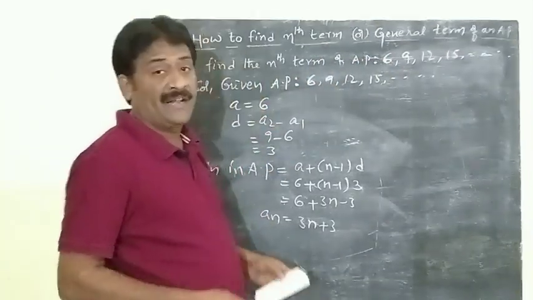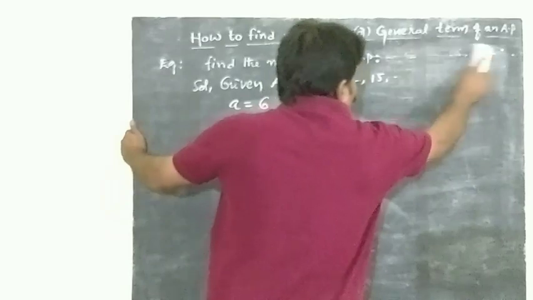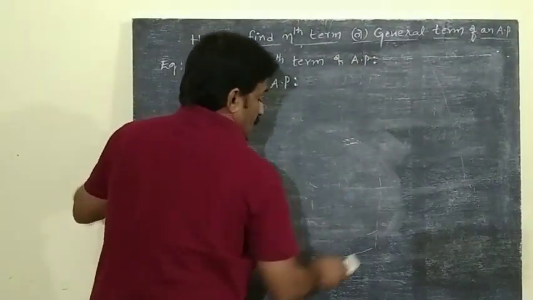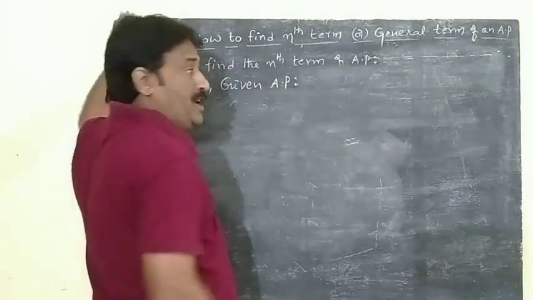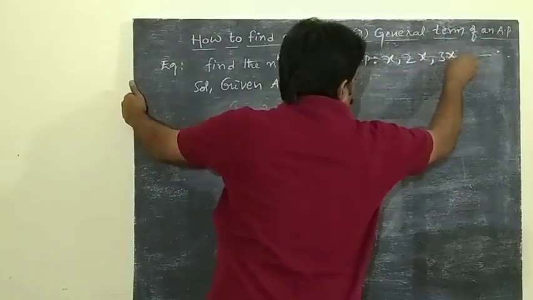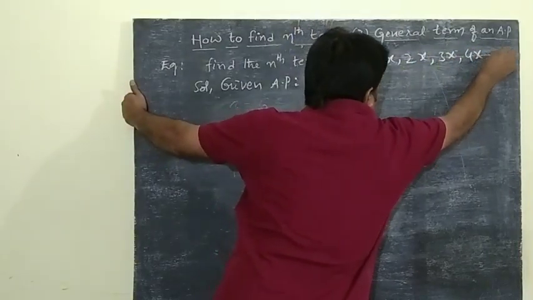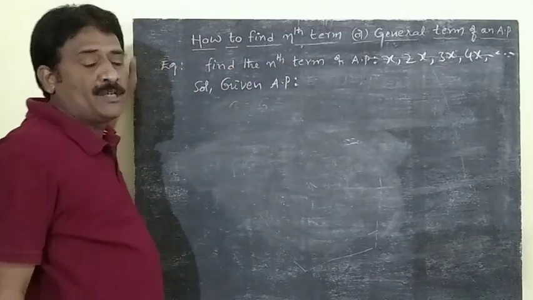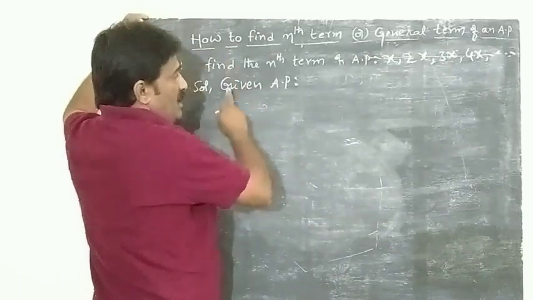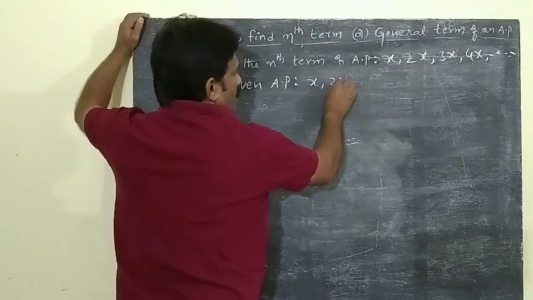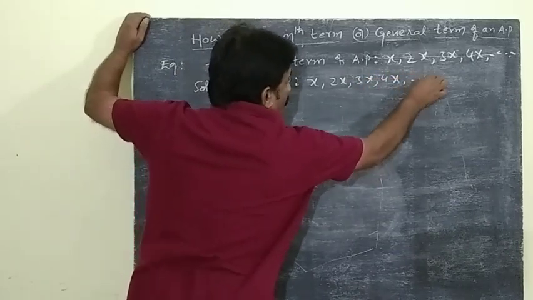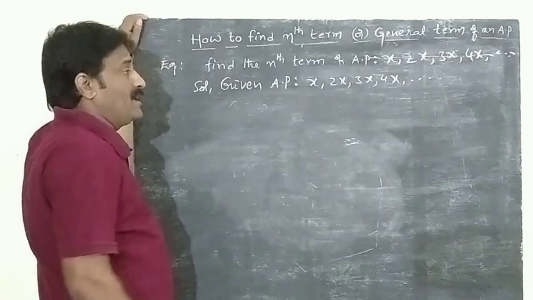And also taking another example. Find the nth term of the AP x, 2x, 3x, 4x and so on, where x belongs to the integers.